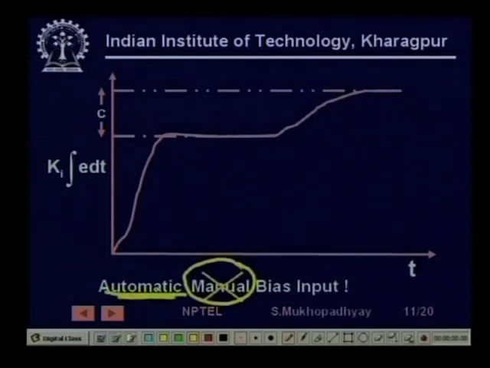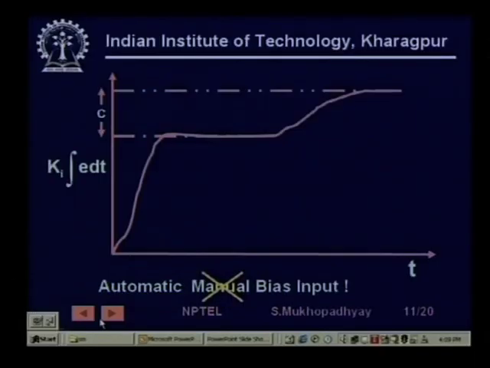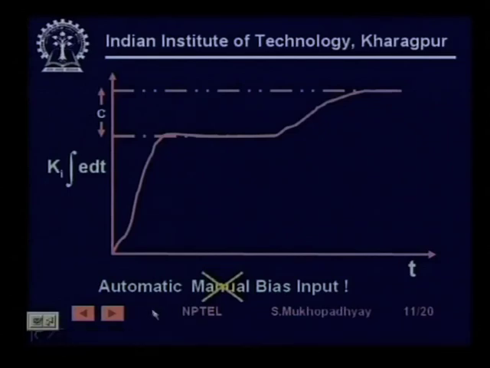You do not have to give it manually, and it will adjust itself depending on the set point. So, the integrator will automatically build up and give enough additional input such that at 0 error it can be sustained. So, that is the principle by which 0 steady state error is obtained.